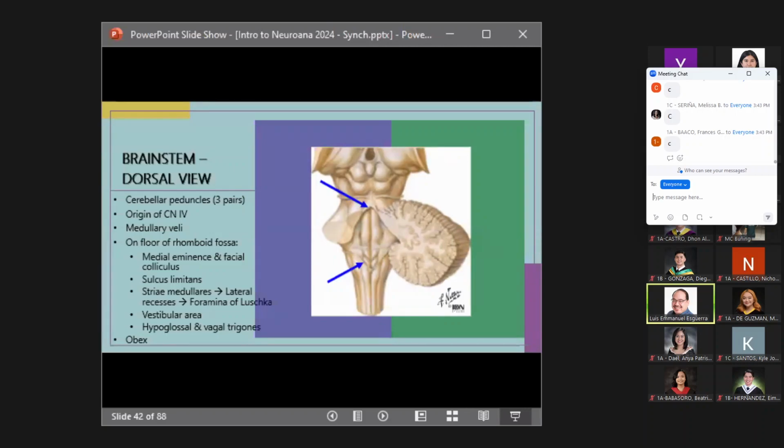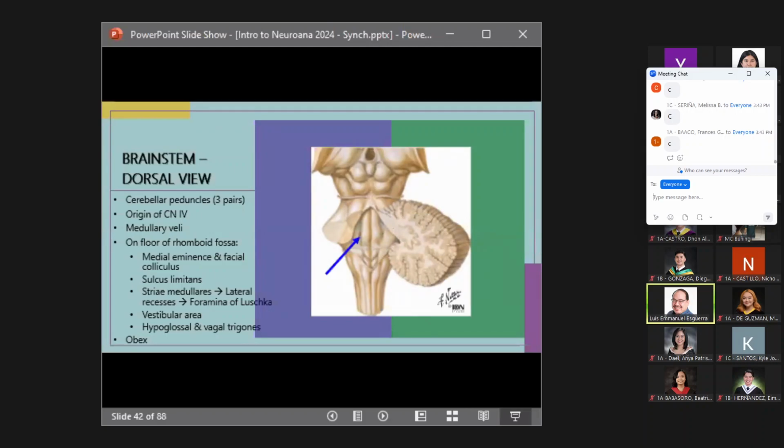Now, on the floor of the rhomboid fossa in the fourth ventricle, you have the medial eminence, a column in the middle on either side, and the facial colliculus, which is this fat termination below, towards the inferior part. On its side, the border is the sulcus limitans. That's the important groove on the side of the medial eminence and the facial colliculus.